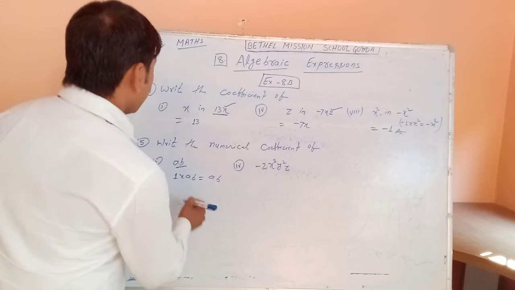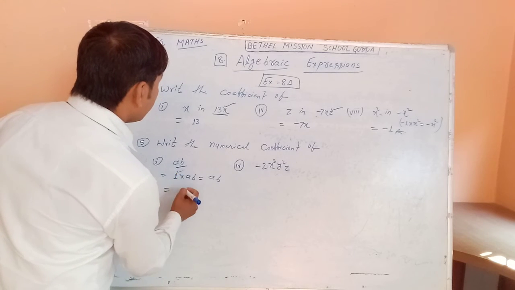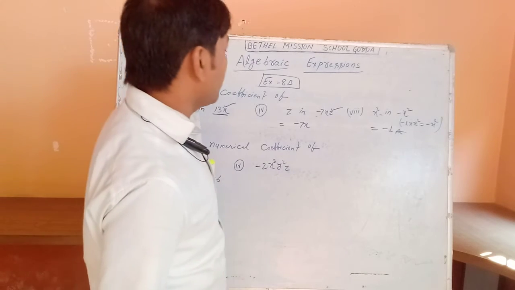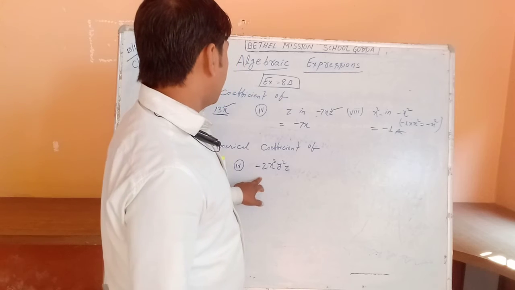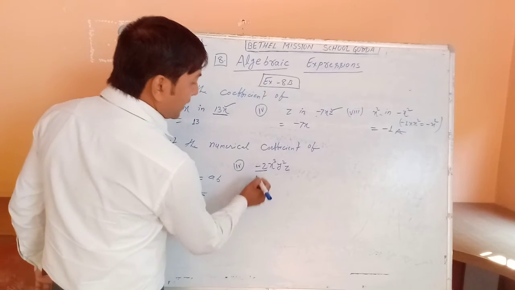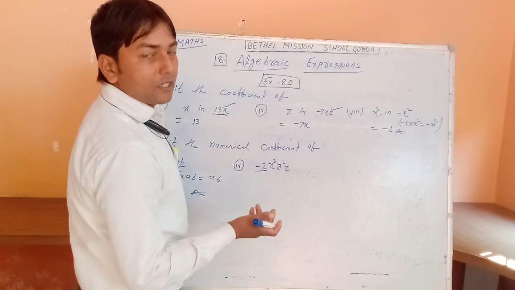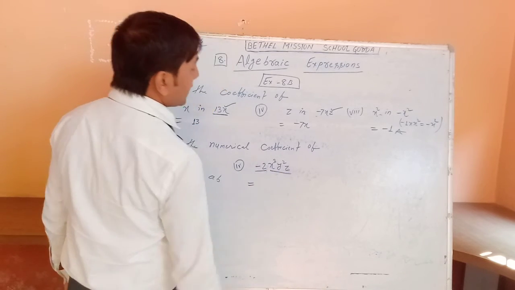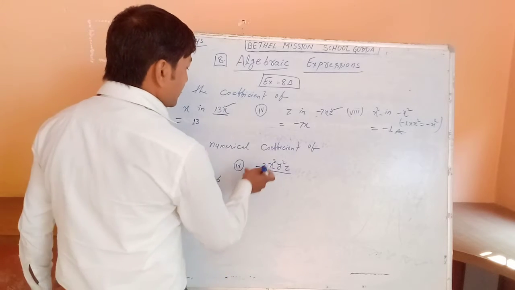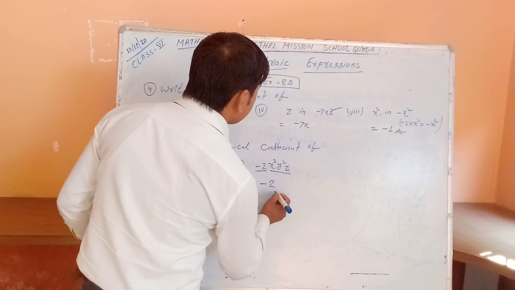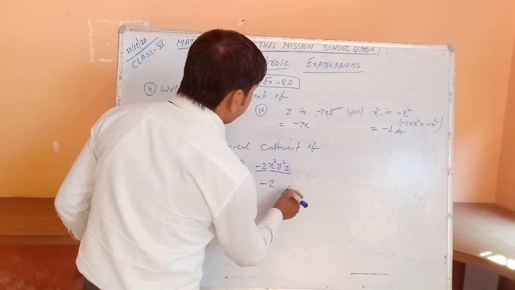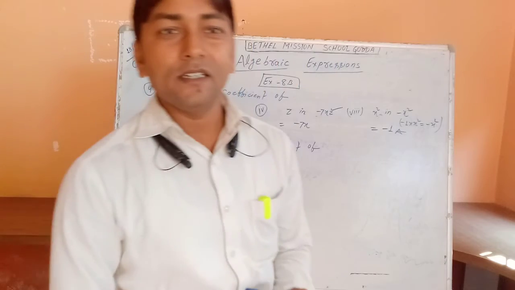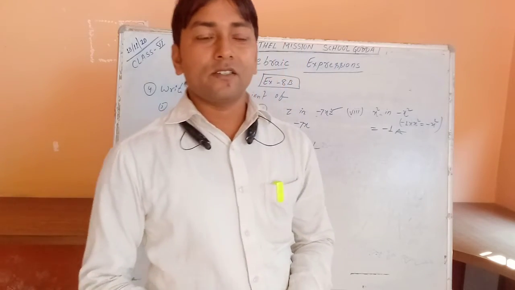That is 1. Numeral means number, 1, 2, 3, 4. These are the literal coefficient and this is the numeral. So minus 2 is the answer. Very easy. Now we do the next.